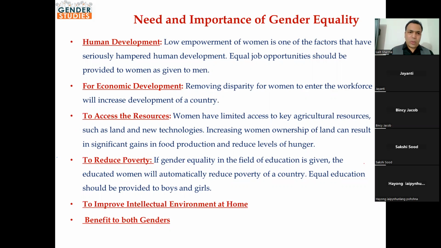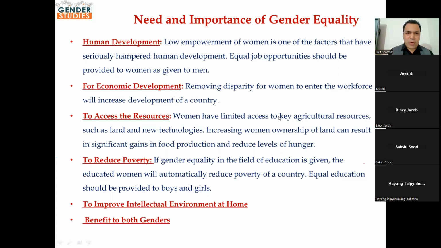Next, third, is access to resources. It has been noticed that women have limited access to key agriculture resources such as land and new technologies. You have seen that when a woman gets married, a lesser portion of the land is given to her.